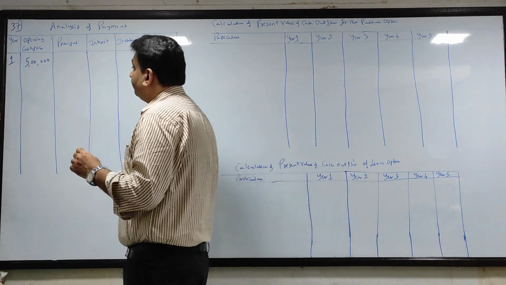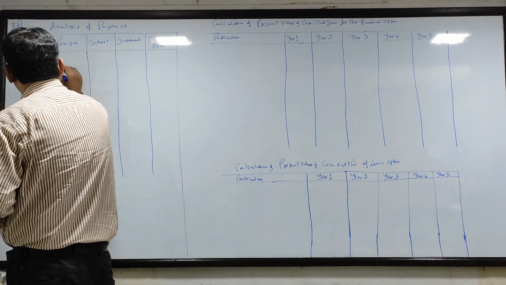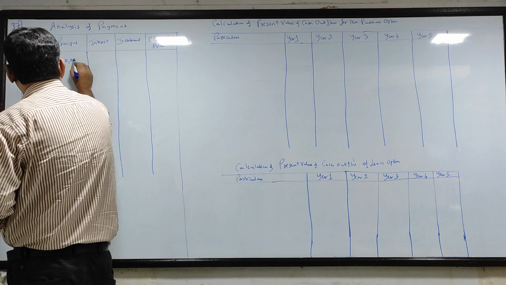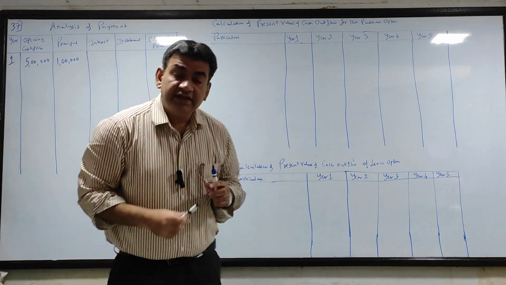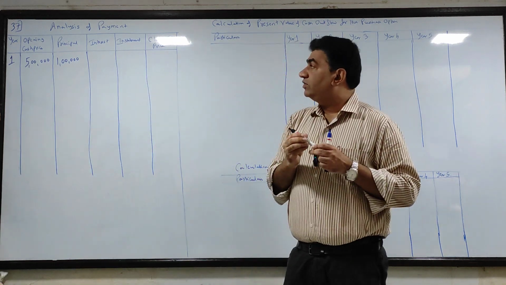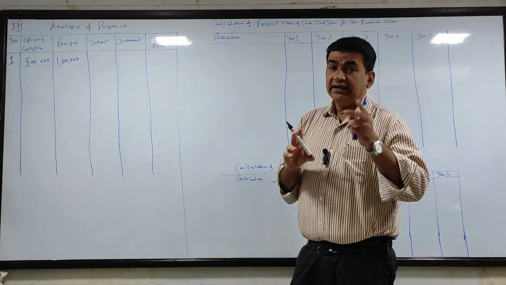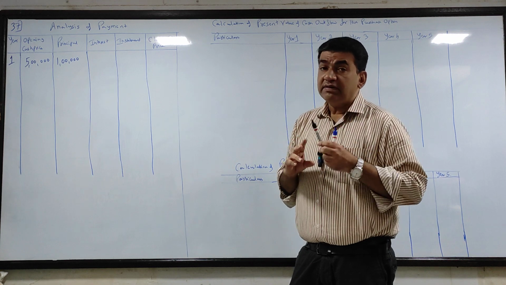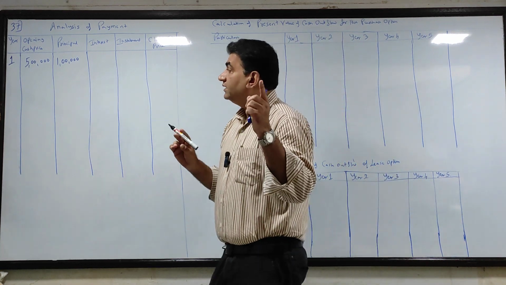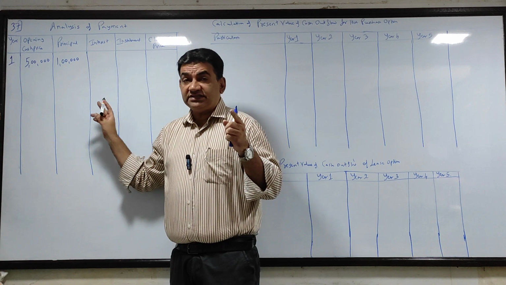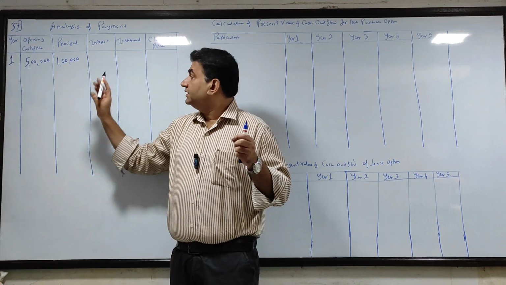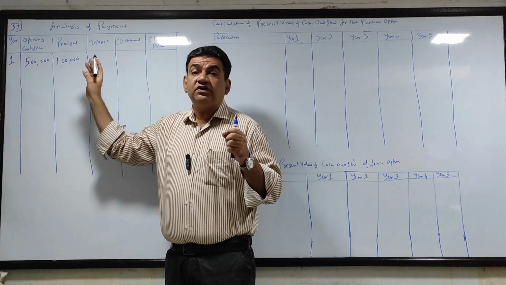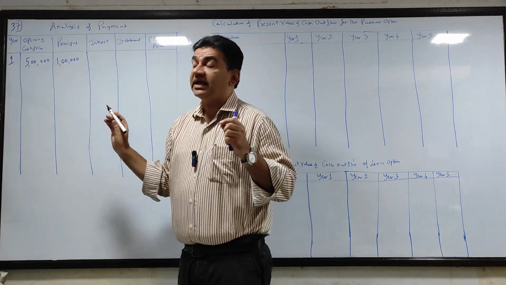So 5 lakh divided by 5, my principal amount will be 1 lakh. And what will be my interest? You all know very well. What I told you, these are plus interest. Whether it is plus, whether it is inclusive of interest, respective year's interest will always be on the opening cash price.